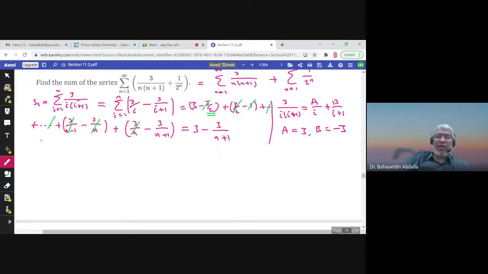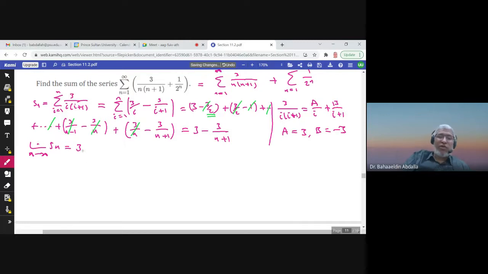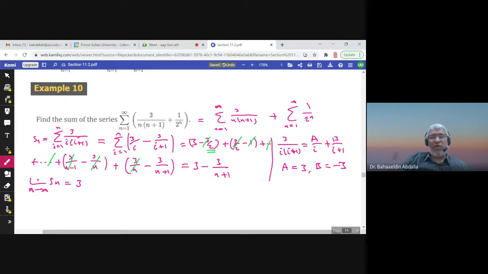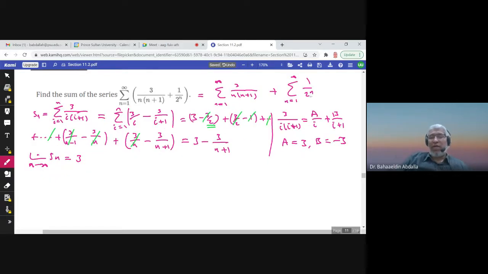So this is Sn, the nth partial sum of the first series. And now if I find the limit of Sn when n goes to infinity, it would be 3, because 3 over infinity is 0. So the sum of the first series is 3.